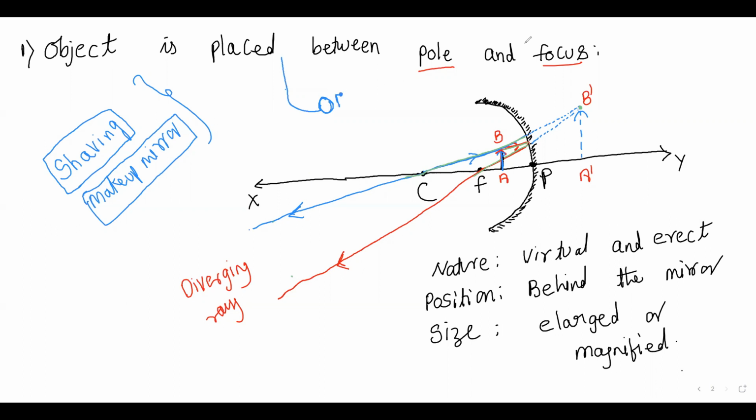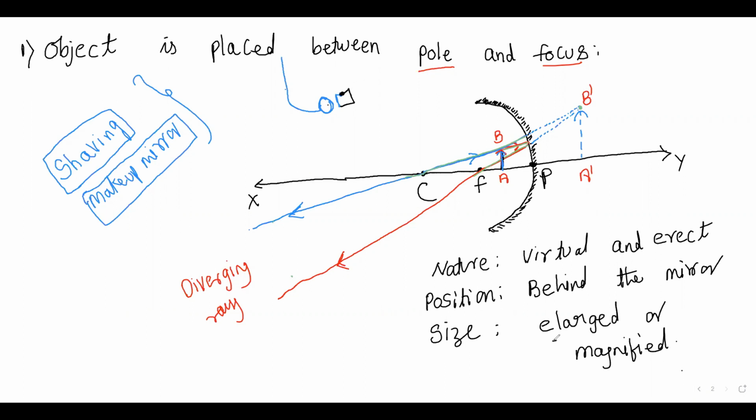Imagine that this is the cavity inside the tooth. He will keep the mirror very near to the object, that is the tooth, and he will get an enlarged image. A small cavity will appear bigger in size.